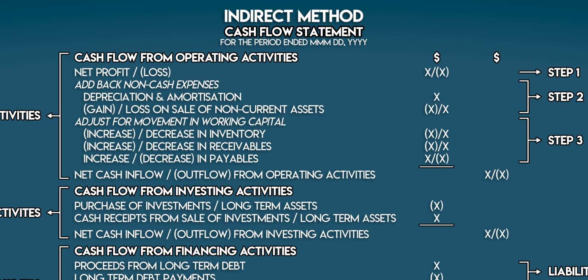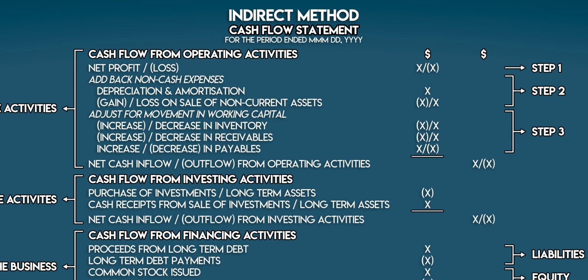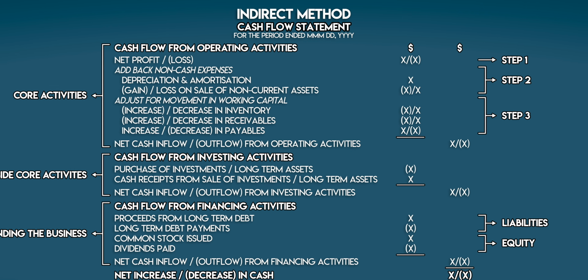Finally, we adjust for the movement in working capital. Working capital is the difference between current assets and current liabilities. Increases in current assets like inventory or receivables reduce cash flow, whereas increases in current liabilities like payables increase cash flow. You can find all of these numbers on the comparative balance sheet.